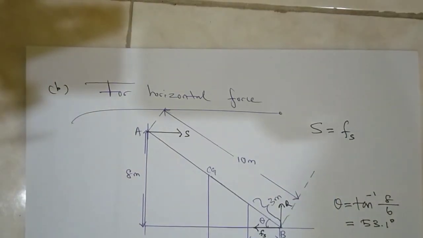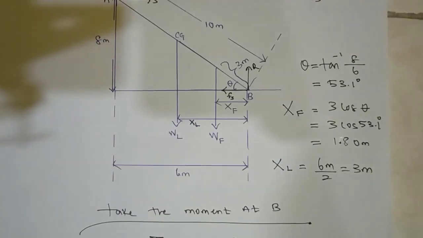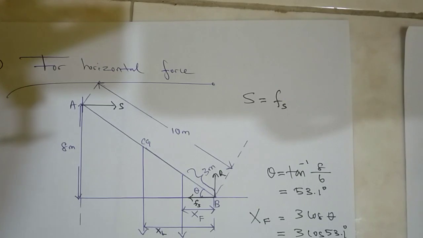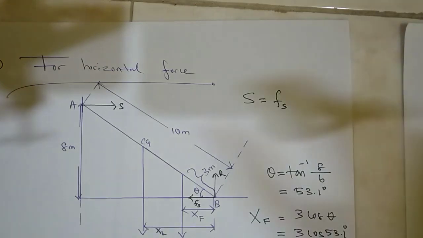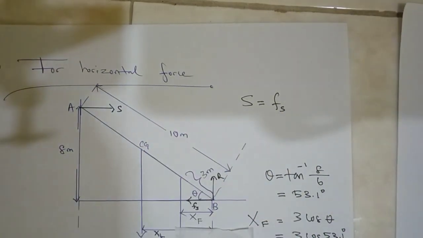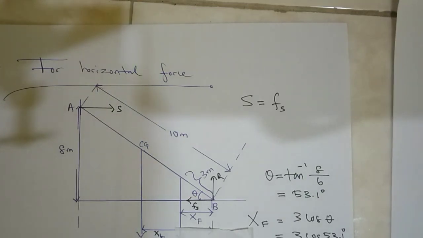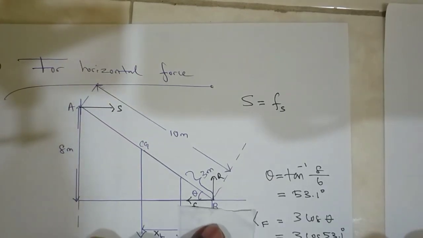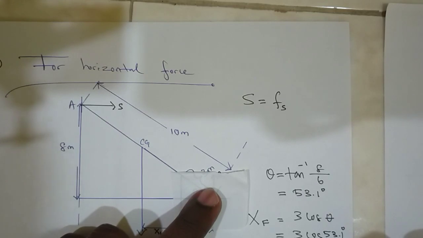For the horizontal force, take the moment at B. B is the axis of rotation, so the forces acting at B are not involved at all.